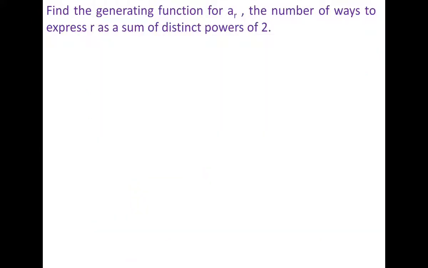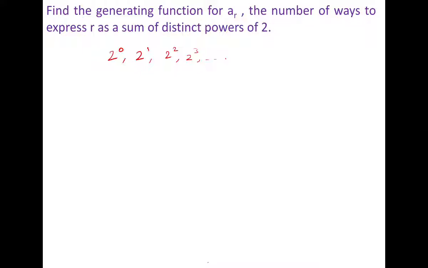Find the generating function for the number of ways to express r as a sum of distinct powers of 2. When we say distinct powers of 2, the possible values are 2 raised to the power 0, 2 raised to the power 1, 2 raised to the power 2, 2 raised to the power 3, and so on. And either it is included or it is not included.